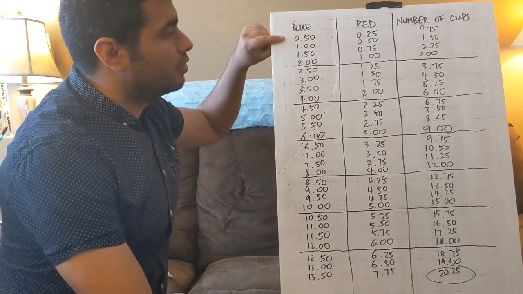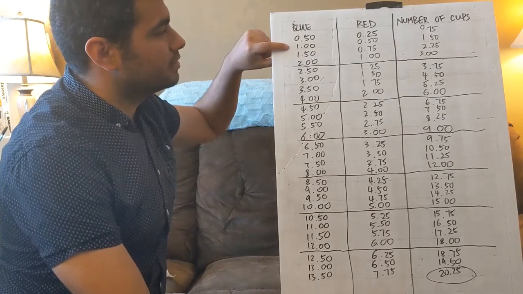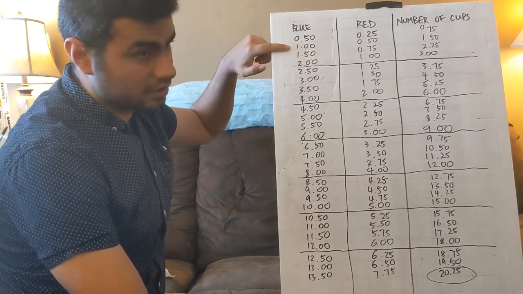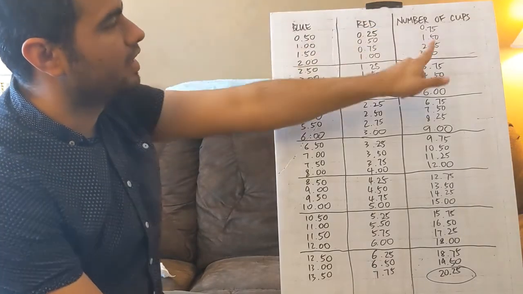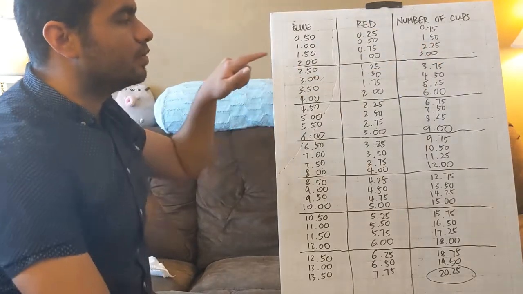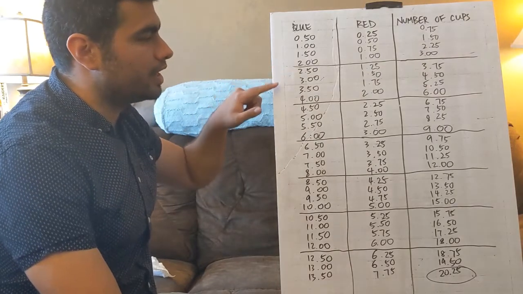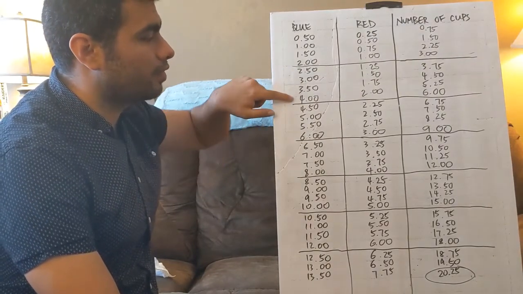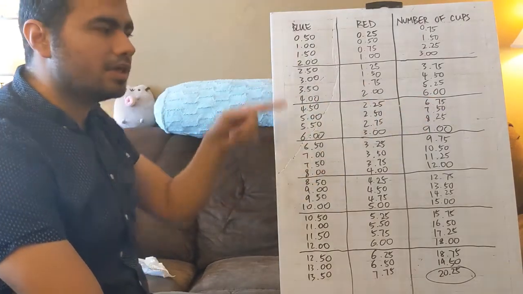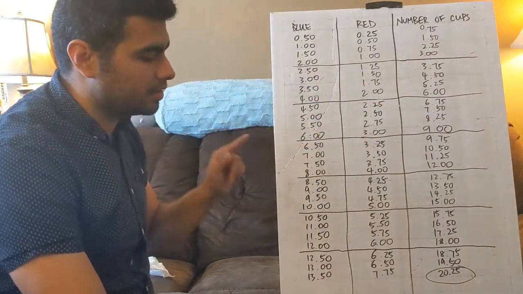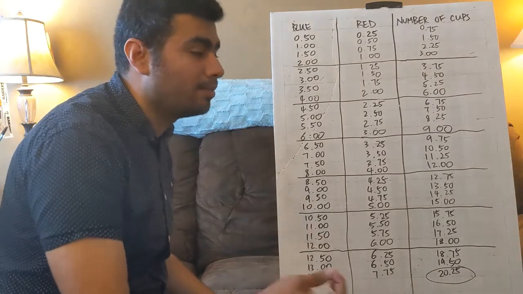Okay, so we go down, we skip count, we get 1 whole cup of blue and a half cup of red, and then all together we have 1.50. We keep going all the way down, 4 cups of blue, 2 cups of red, we get 6 cups. Keep going, keep counting, keep counting, keep counting until we hit that 20 cup mark.